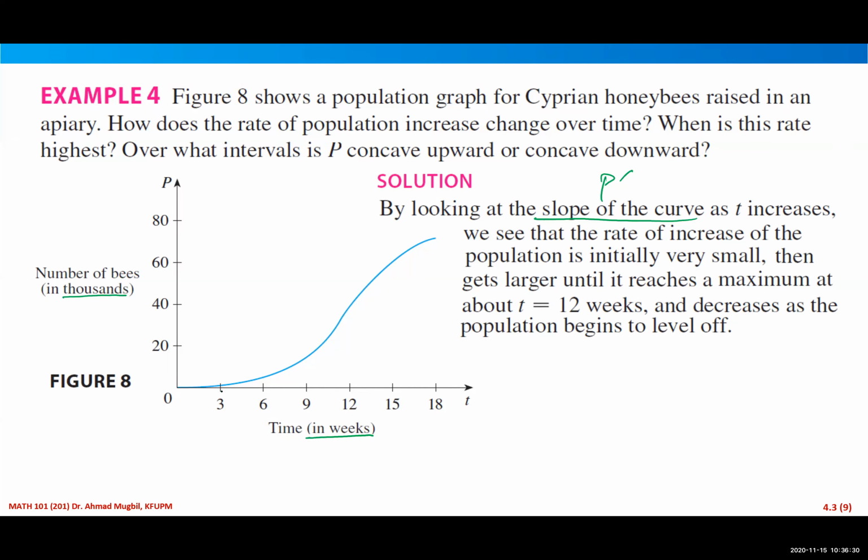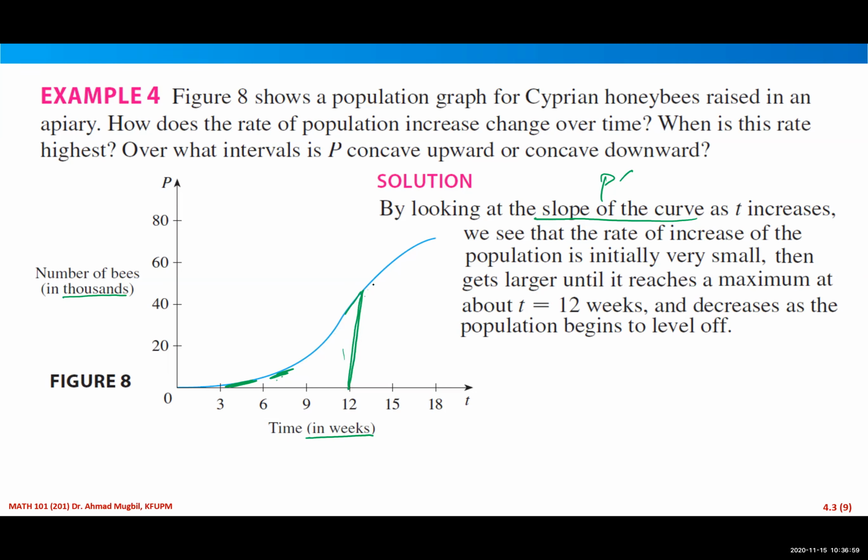And it keeps growing until it reaches its maximum value for the slope, at week 12. The slope, which is small at first, starts becoming bigger and bigger until it has the maximum value at 12.